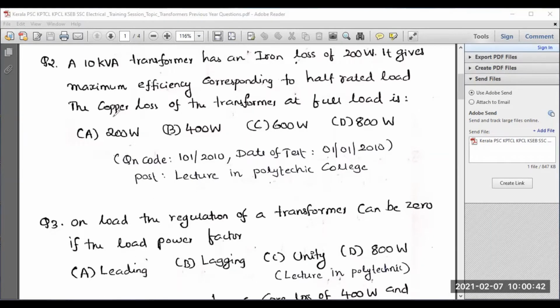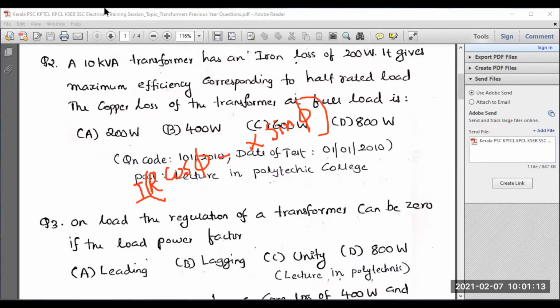Actually, if you look at the leading condition, the voltage regulation formula will be like this: I into R cos phi minus I into X sin phi. Here I is already taken outside, so it is not required. That means it includes R cos phi minus X sin phi, obviously.